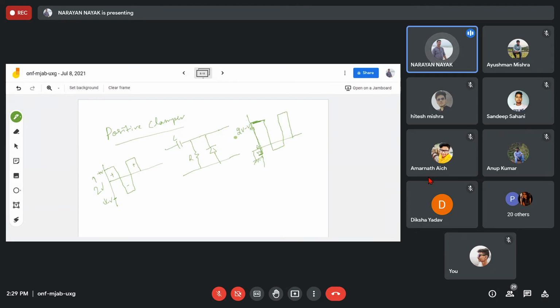So the positive clamper is the total signal moving upward, with a value of 2V minus V0, where V0 is the barrier potential of the diode. Clear? So this is about your positive clamper.